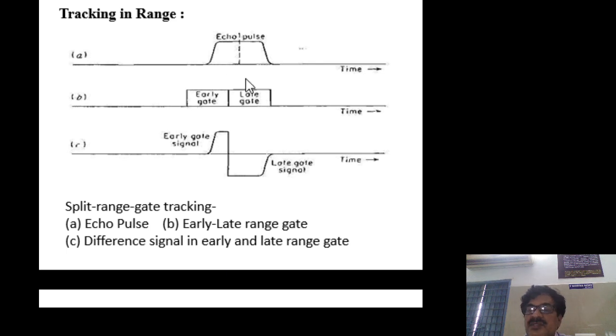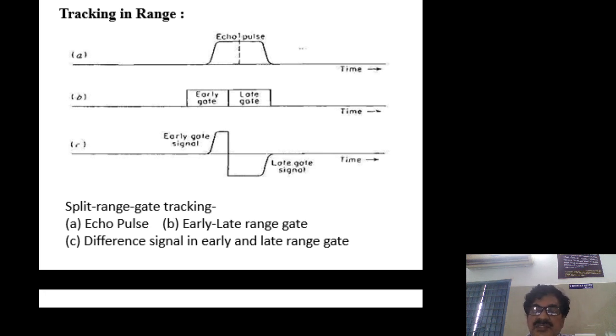If the target is in the tracking axis and the centers are aligned, the energy produced by the late gate and early gate is of equal magnitude. In the system, the outputs of the early gate and late gate are subtracted. If the subtraction gives zero, there is no error signal, and the target is in the correct tracking axis.